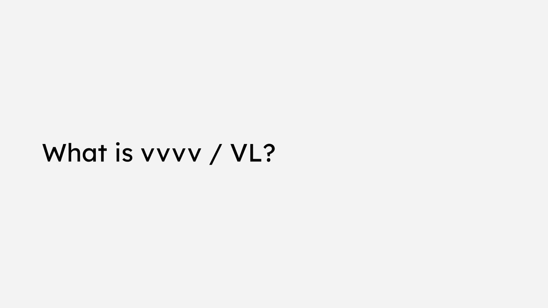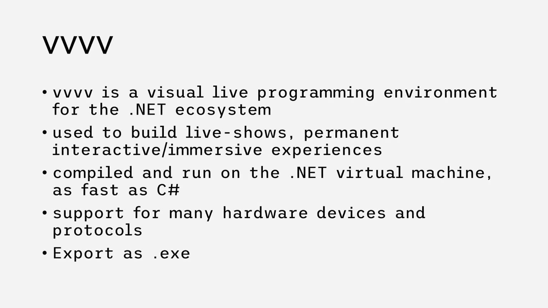V4 is a visual live programming environment for the .NET ecosystem. It's used to build live shows, permanent interactive immersive experiences, and it runs on the .NET virtual machine. So programming in V4, or patching as it's called, is as fast as C# can be. The nice thing about V4 is actually that it supports many hardware devices and protocols, so you can interact with every technology out there.